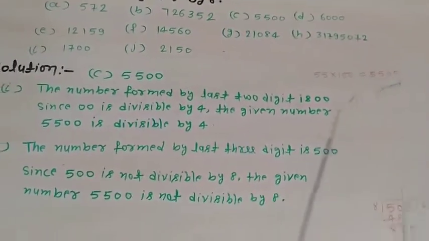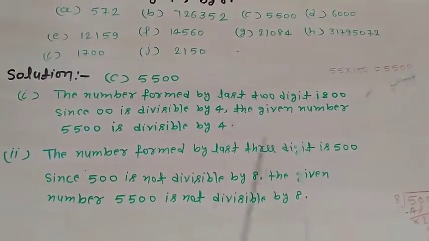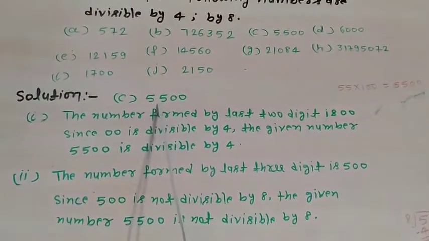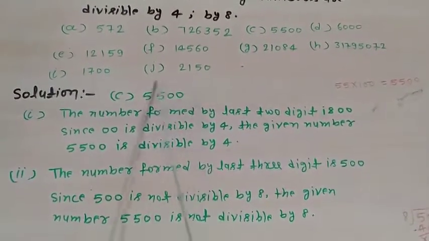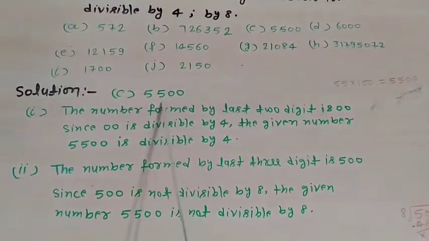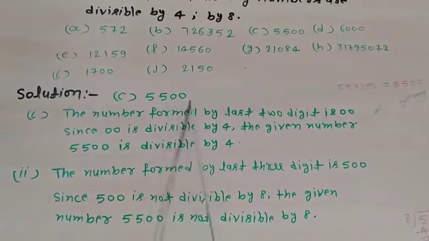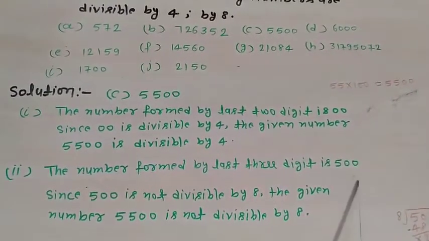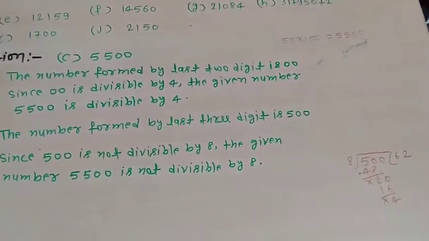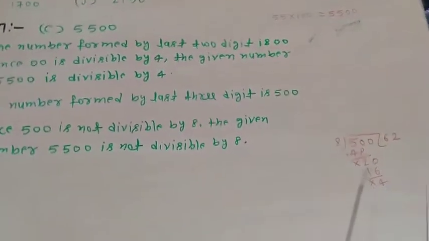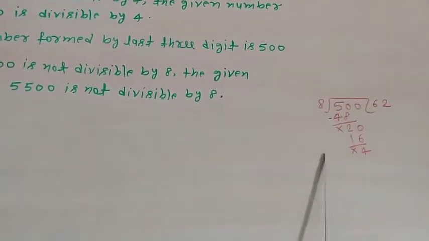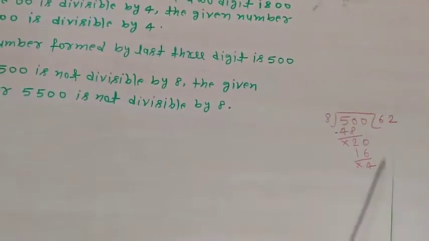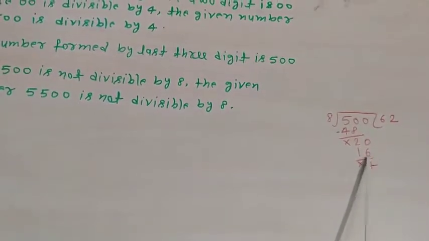Now we are going to check whether 5,500 is divisible by 8 or not. First we check the last three digits. The last three digits are 500. Here you can see 500 is not divisible by 8, because the remainder is 4, not 0.